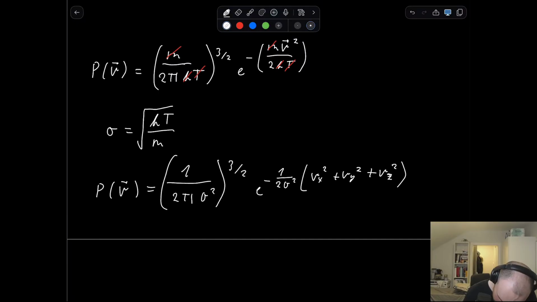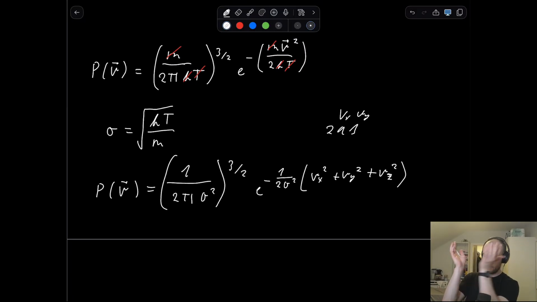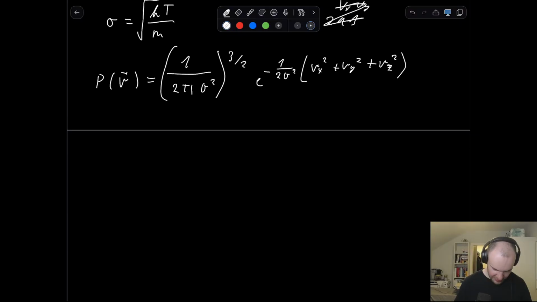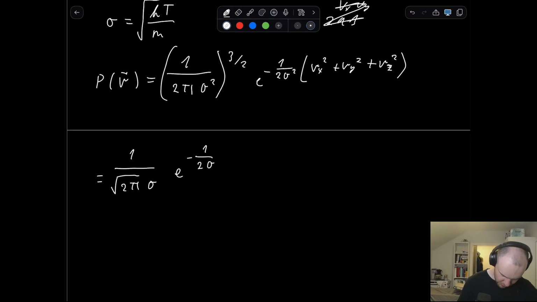Remember that, of course, if we had 2ab terms with v of x and v of y, they are perpendicular and will cancel. So that's why we don't need that. Okay. And we can do this even further. I can write this as 1 over the square root of 2 pi sigma, multiplied by e to the minus 1 over 2 sigma squared.